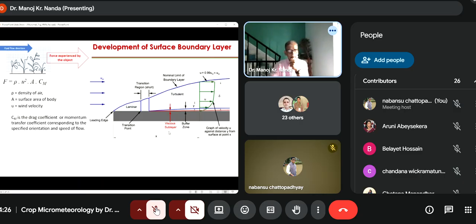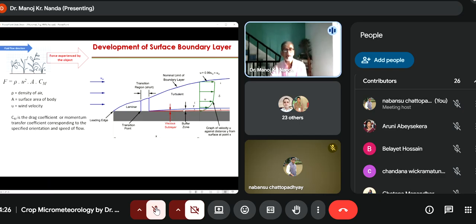Now, if we consider it from an ideal layer, from a surface layer, rough layer, from the leading edge, this part is laminar, and as you are going a certain length of the edge, then you are getting a transition zone. After that, the layer is split into two. One is turbulent layer and one is laminar.